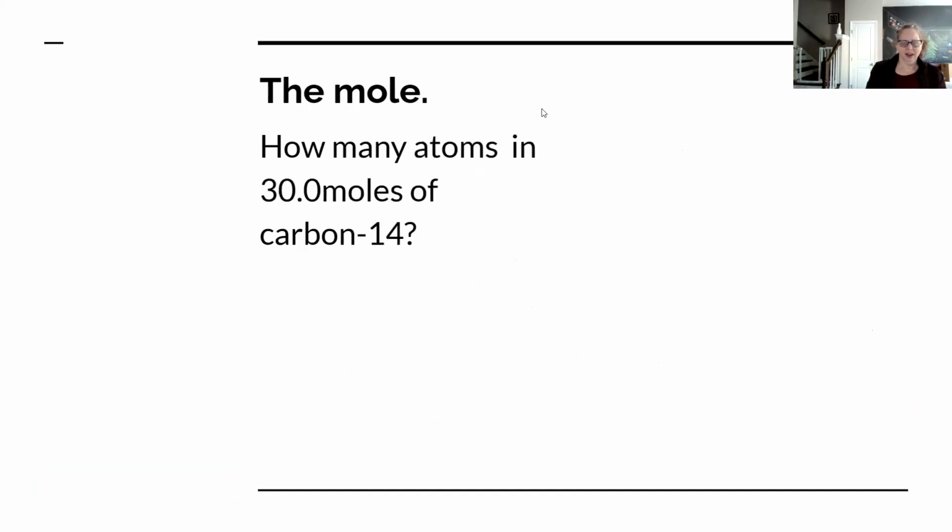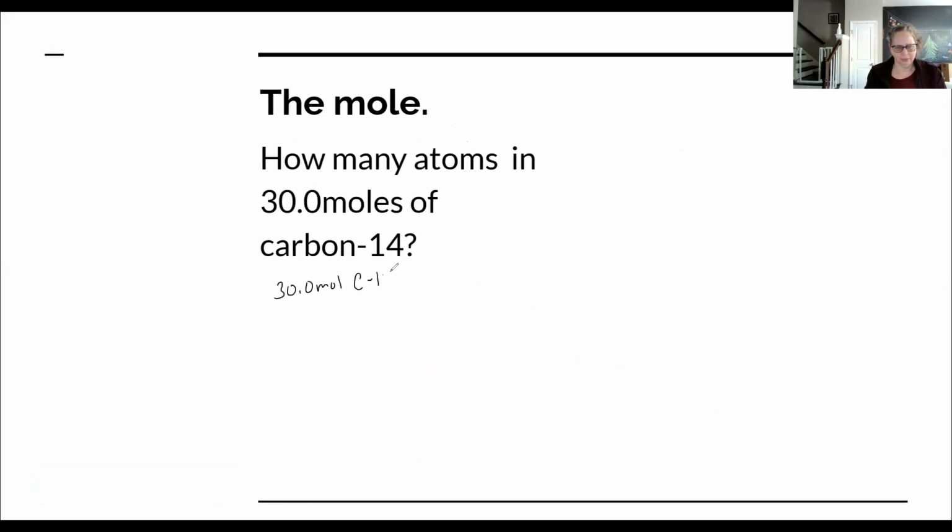All right, how many atoms in 30.0 moles of carbon-14? 30.0 moles of carbon-14, and that's its chemical formula makeup. We write the 14 as the mass, so that goes in that superscript area. Is equal to how many atoms?